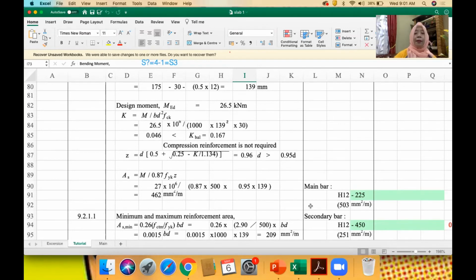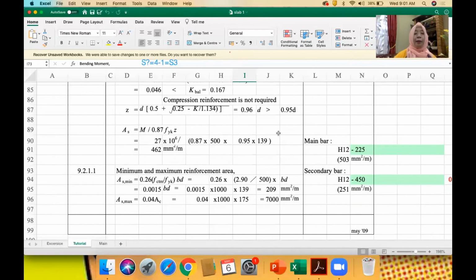So how do we get the main bar? Before we look at the table, we must check first: is our value here valid?